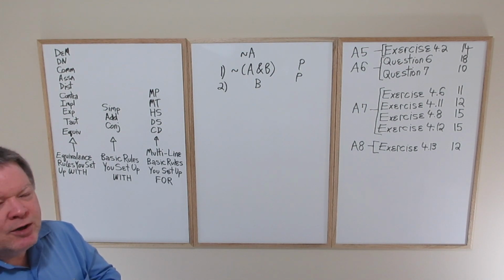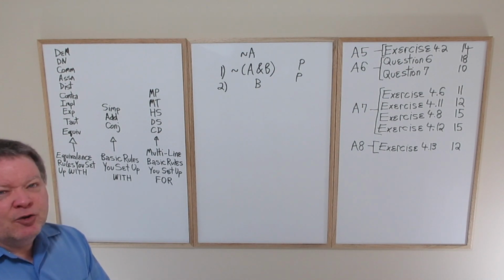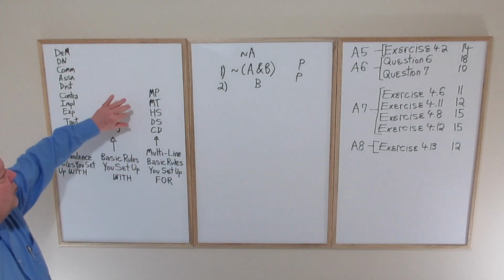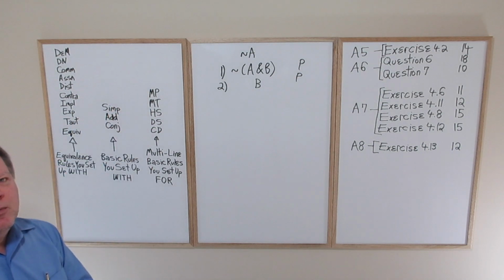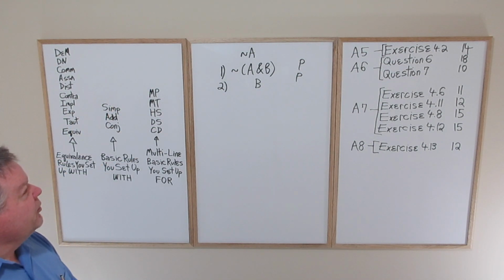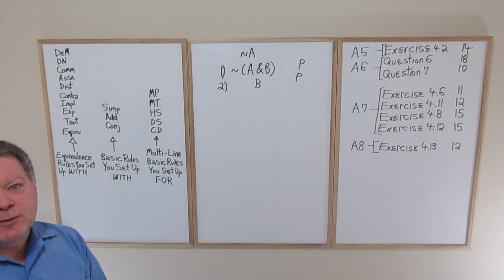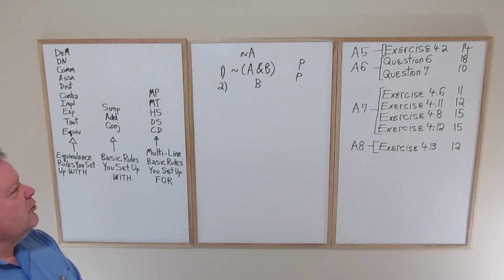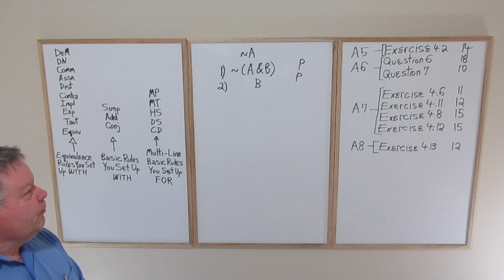And the way we're going to do that is by strategically transforming the information so that we can apply one of the multi-line basic rules. The more familiar you become with proof construction, the easier, the more natural this process will become.